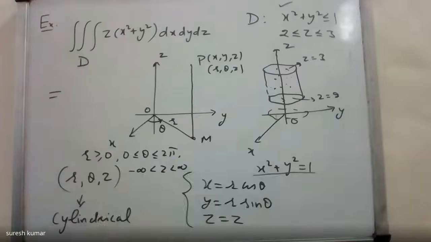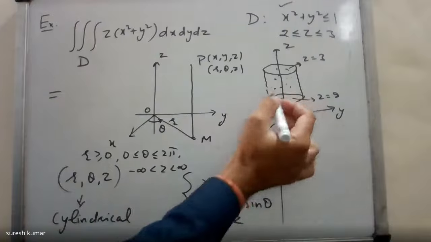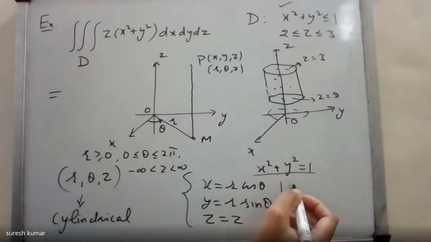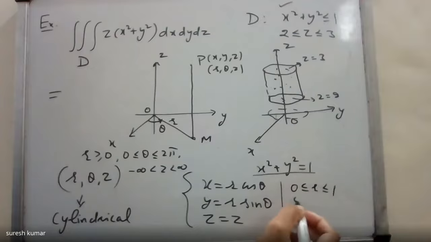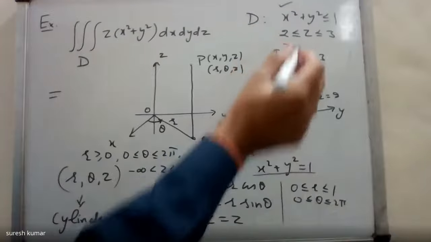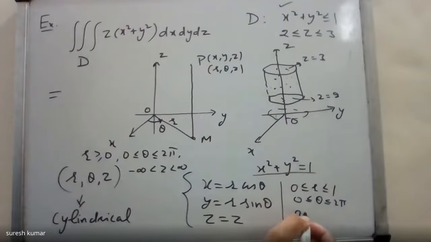Now in this particular problem, can you understand the variations of r theta z? R goes from 0 to 1 for this circle, theta 0 to 2 pi, and the z variation is already given to you, 2 to 3.